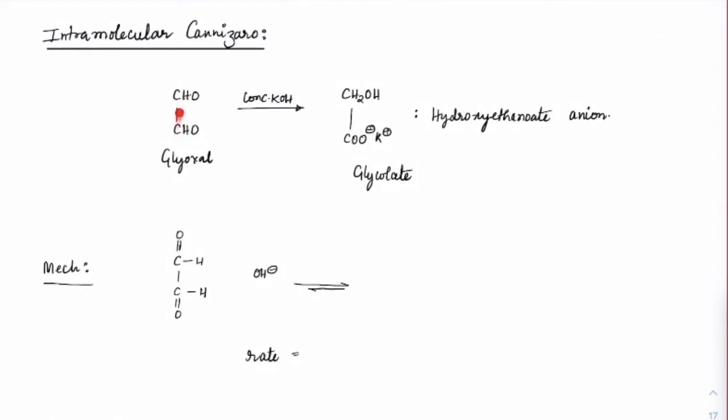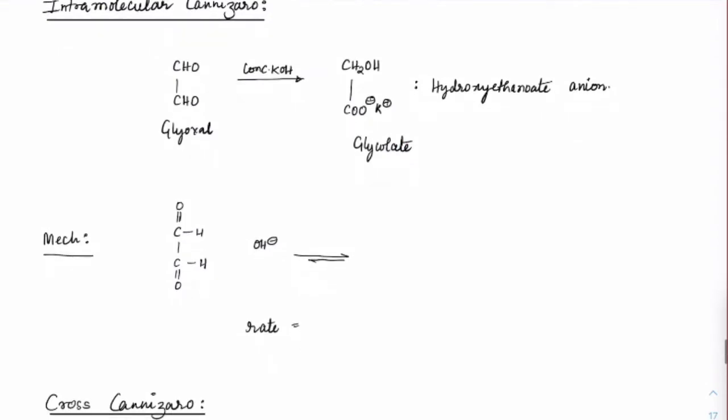So in these types of cases also, internally there would be a Cannizzaro happening, and one carbon would get the alcohol form, the other carbon will get the acid form. Okay. So glyoxal will become glycolate. Now let us see the mechanism.